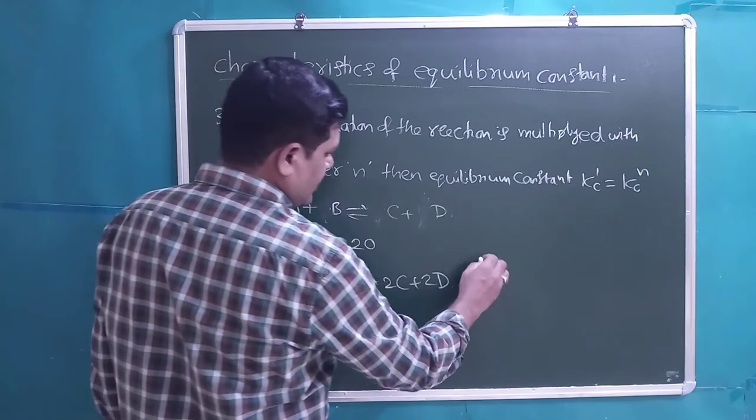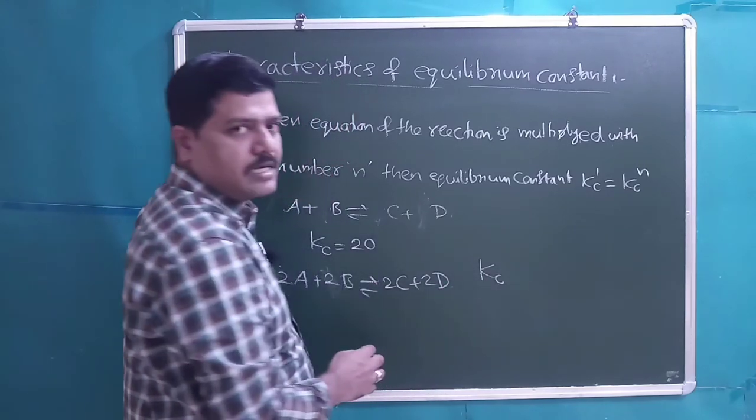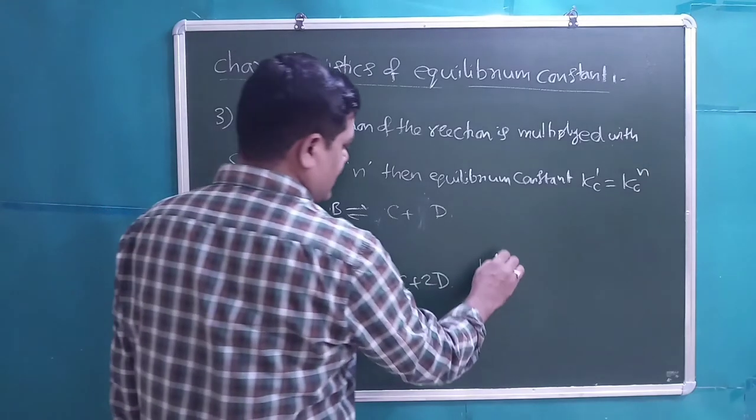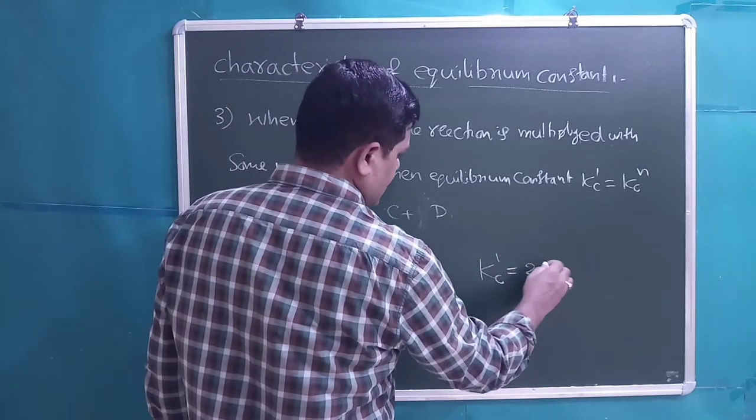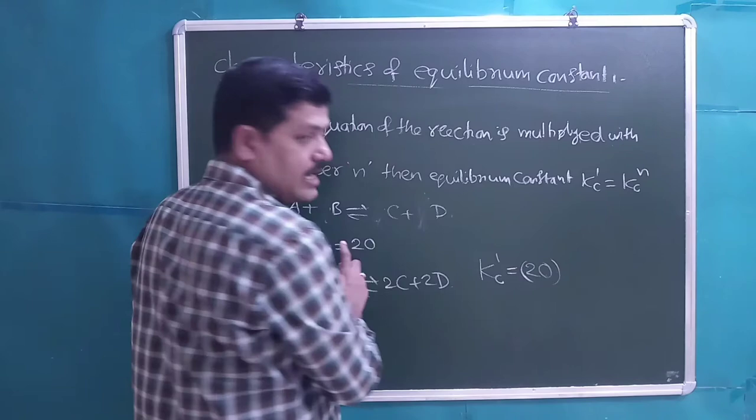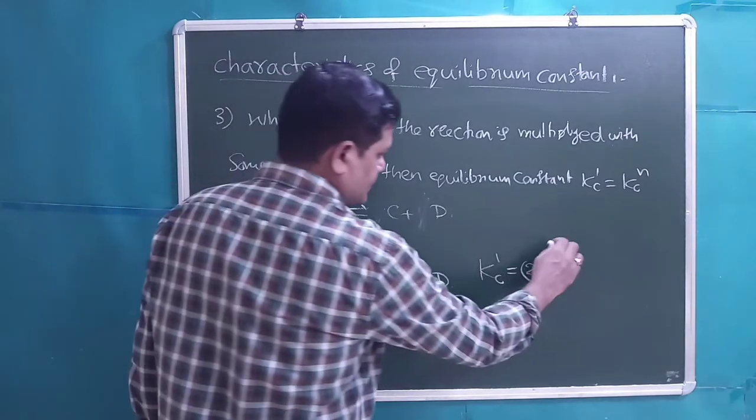Then the new equilibrium constant Kc dash is equal to Kc of the earlier equation raised to the power of 2.